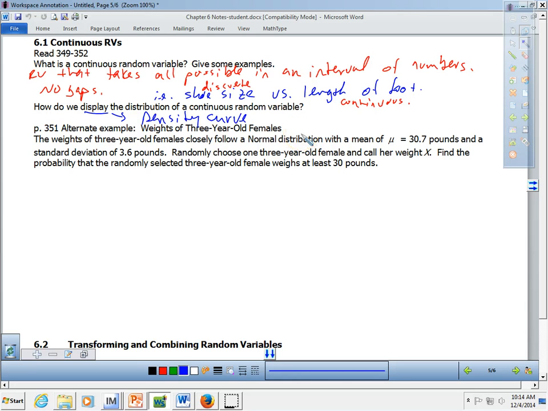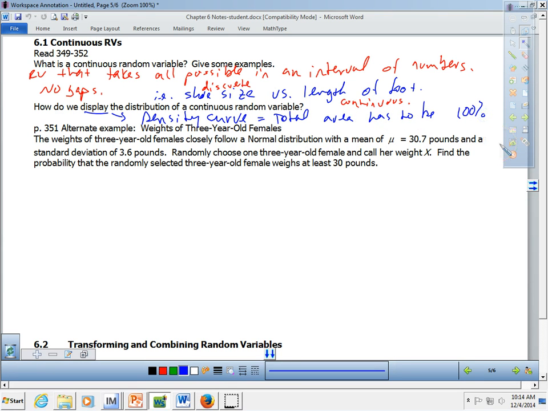And before, we talked about finding the area under those density curves as the proportion of individuals that fell in certain intervals. Well, remember, a density curve has to be above the x-axis, and the total area under it has to be 1, 100%.